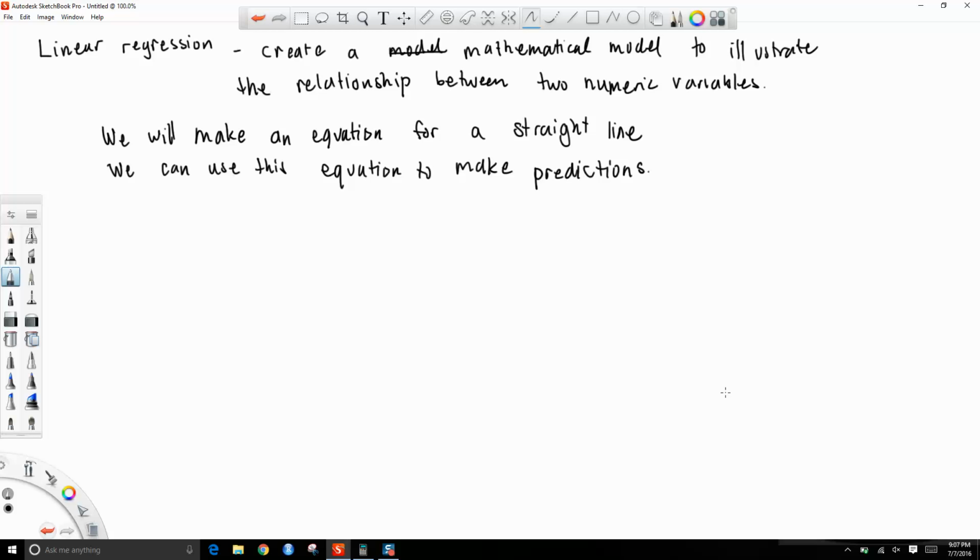And so whenever we're talking about linear regression, we have an x variable and a y variable, and we have names for each of these things.